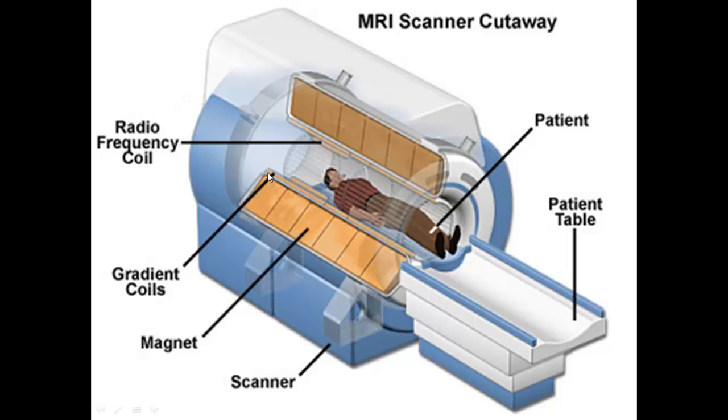What we do is we use these gradient coils to slightly increase the magnetic field in the part of the person that we're trying to scan. So perhaps there's a particular part of the brain where we suspect there might be a tumor, and what we'll do is we'll turn these gradient coils and adjust them so that just that part of the magnetic field is a little bit stronger or a little bit weaker than the surrounding extremely strong magnetic field.